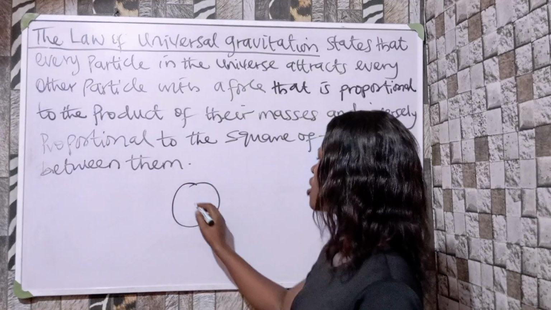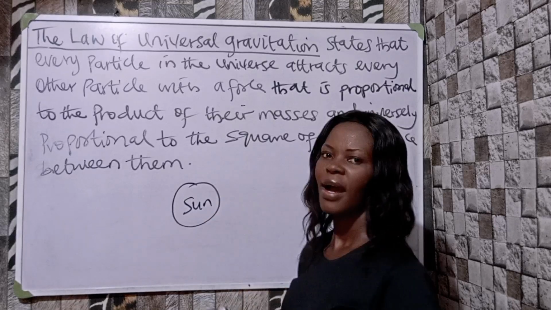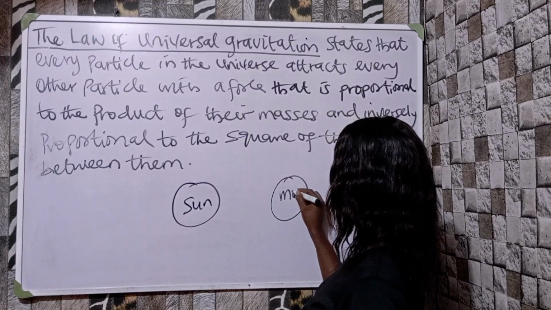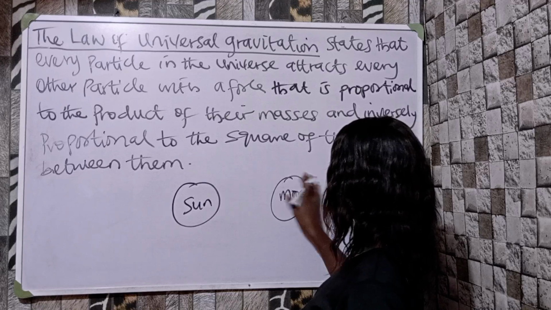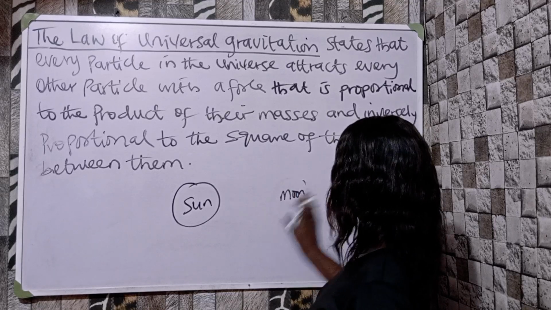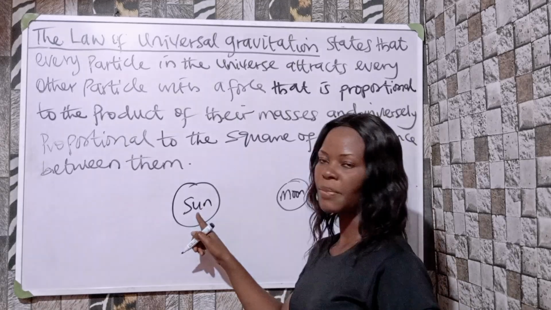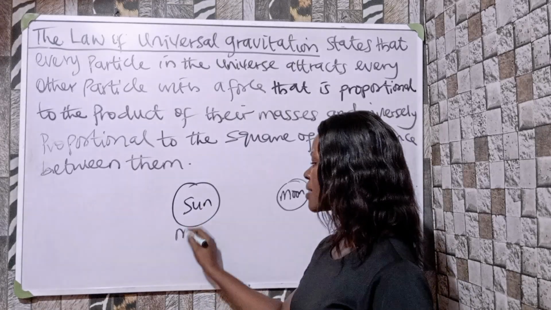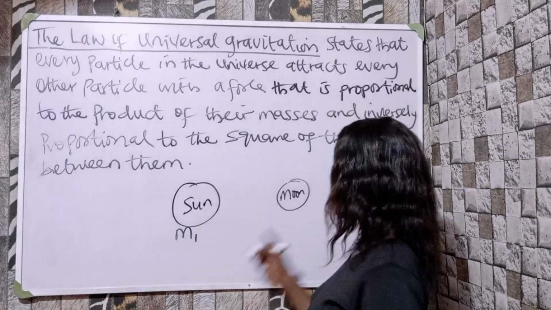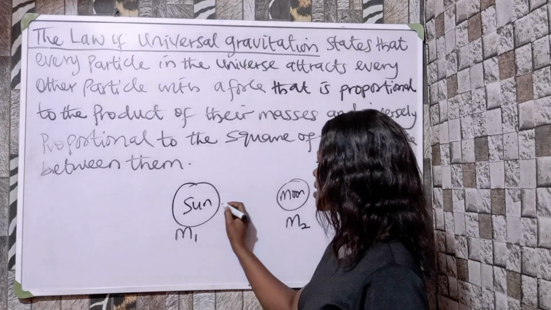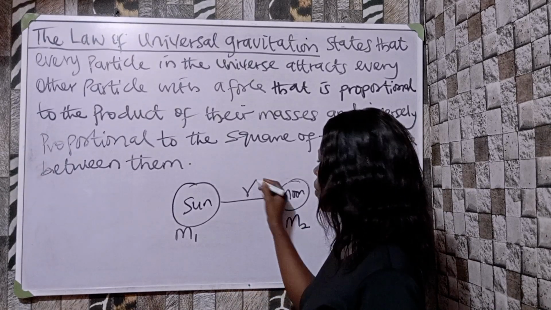I can call it the sun. And I have another particle. I can call it moon. Now, this particular sun has its mass, m1. And moon has its own mass, m2. And there is a distance between them, which I call R.